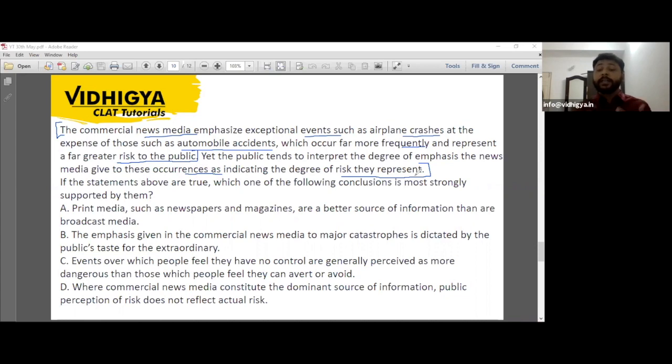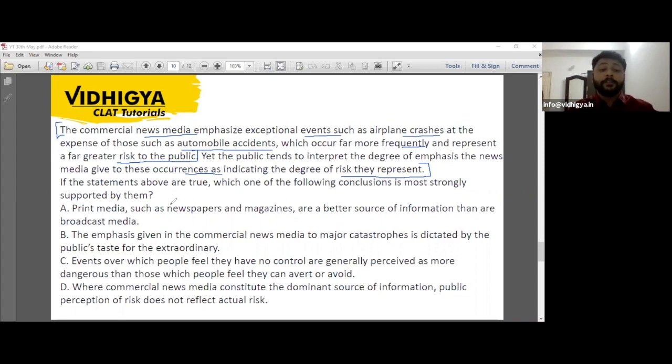Actually the problem is that the people who go through the news, when they see that piece of news, what do they understand, they comprehend the scenario in a way, they interpret it in a way that the portrayed picture is what has the relevance with the actual picture. Meaning they start to understand that airplane crashes are actually more risky, which is not at all true according to the scenario, because automobile accidents happen with more frequency.